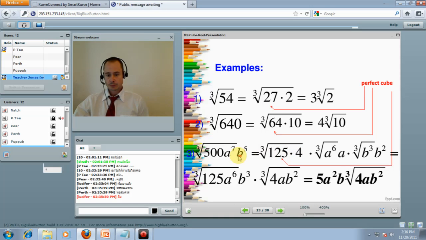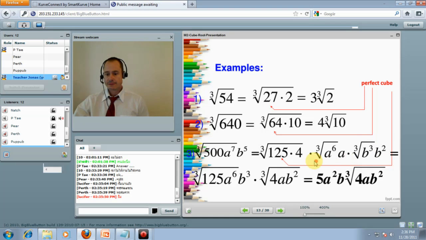Then we have a^7. We can simplify this as a^6 times a, and I will show you later why we do that. And then we have b^5, and you can simplify that as b^3 times b^2.